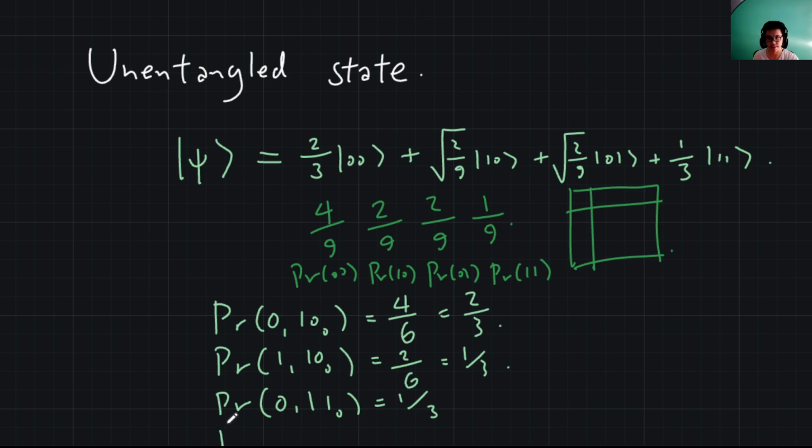The probability of observing both of them to be ones will be 1/9.